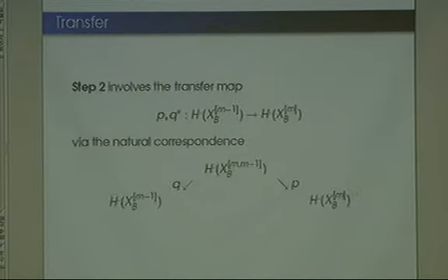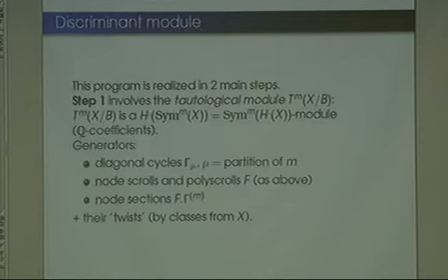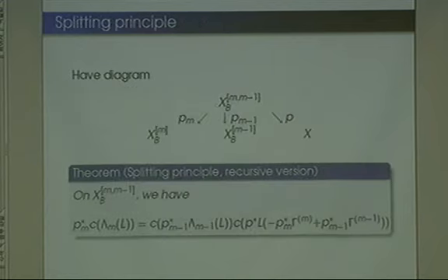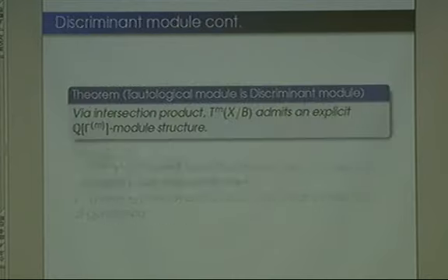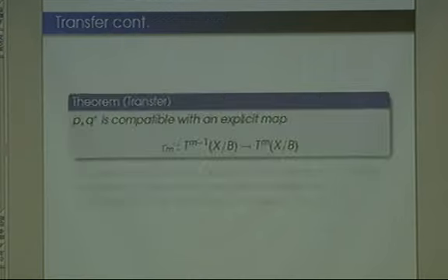So that's one step, and then the second step is motivated by this splitting principle that's said here. You have to know how to relate things in degree m minus 1 and things in degree m, and formally they're related by this transfer map.